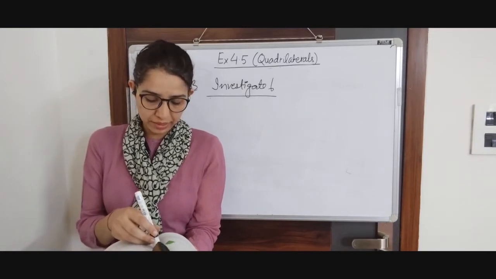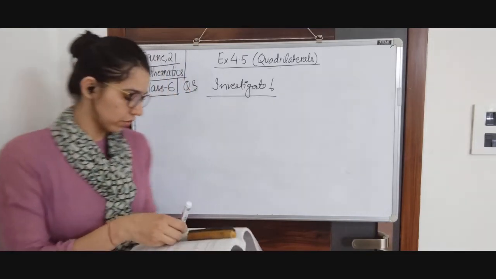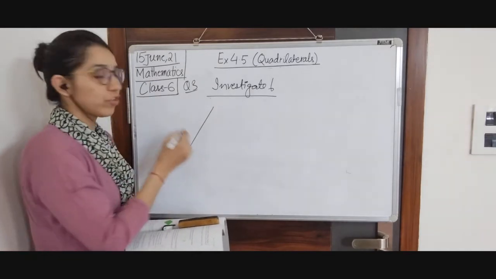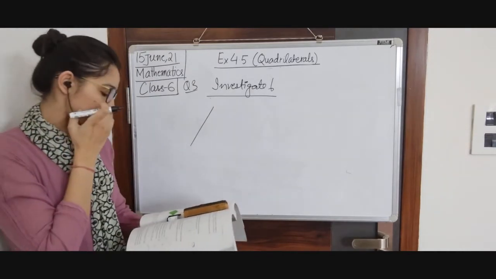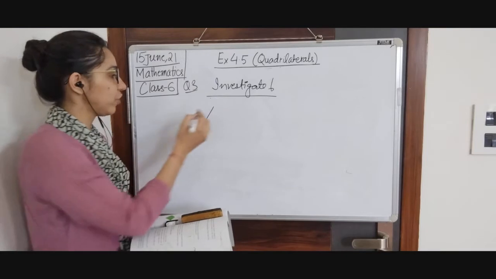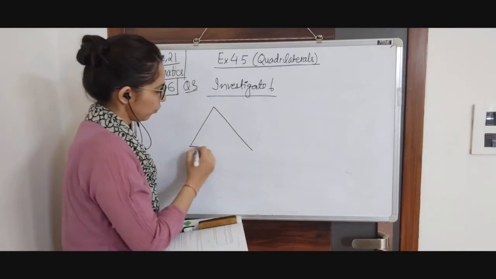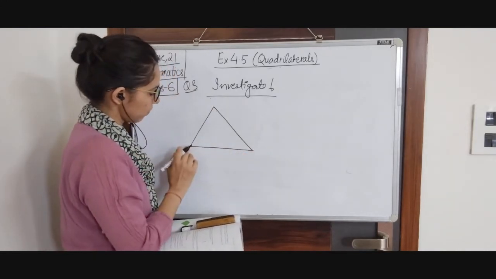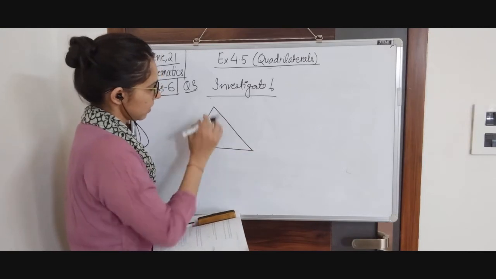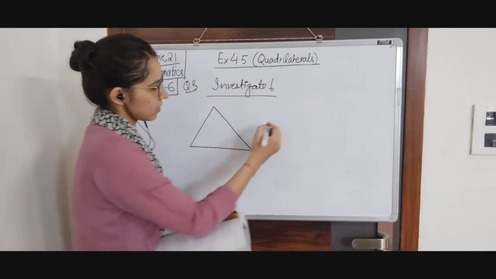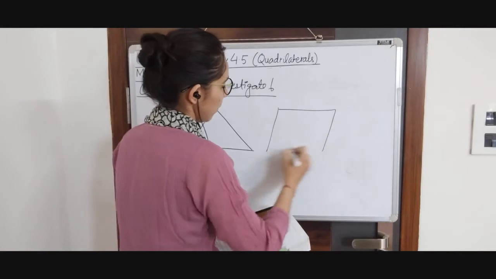Do the same to the quadrilateral. I'm just giving a hint. You will use strips, fasten them at the vertices, and you will get a triangle like this, and similarly you will have a quadrilateral.